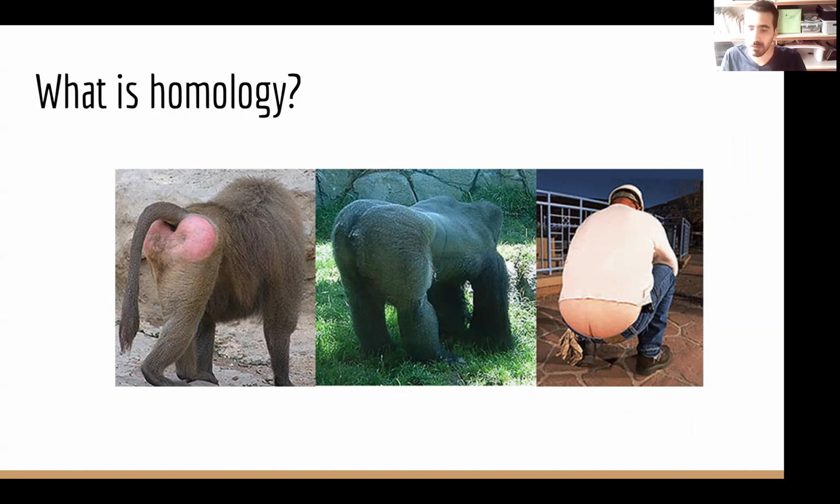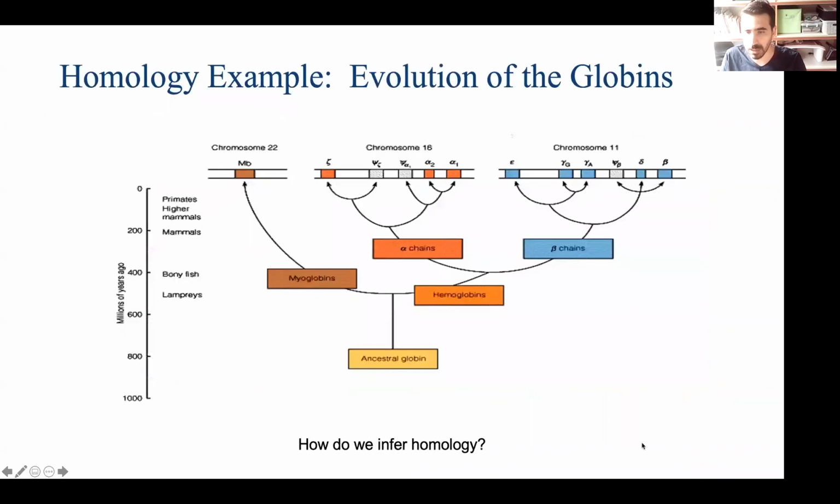Now I would like to bring up what homology is at the molecular level. If two or more genes share a common ancestor, and in this case this is globin, all of these genes are homologous to each other because they have a common ancestor.